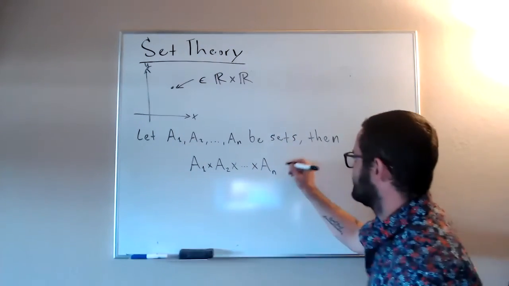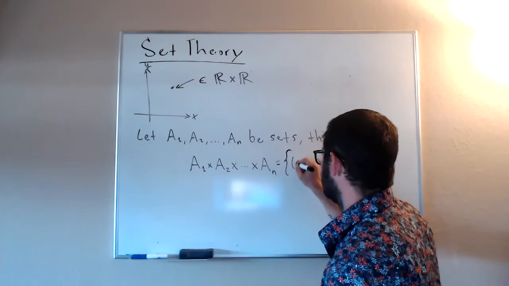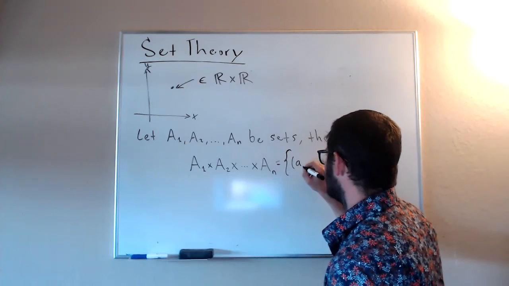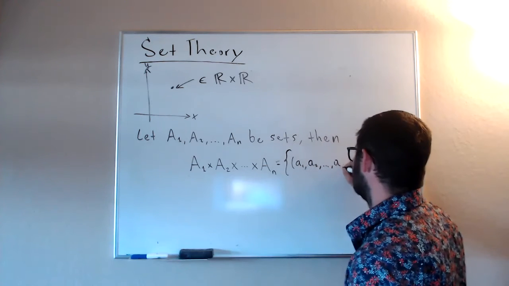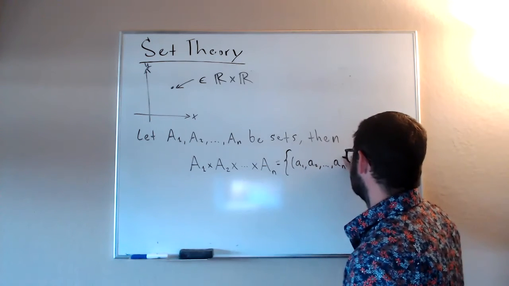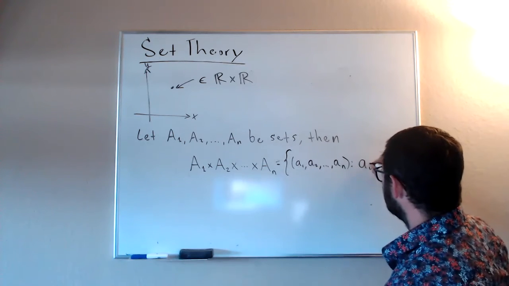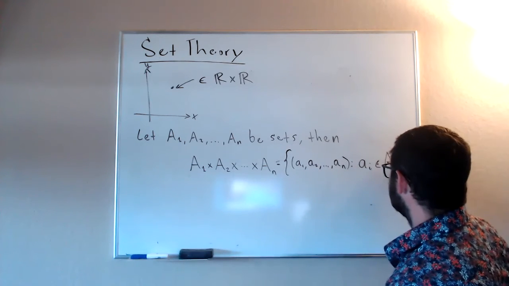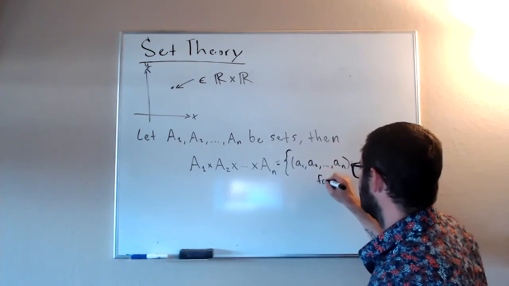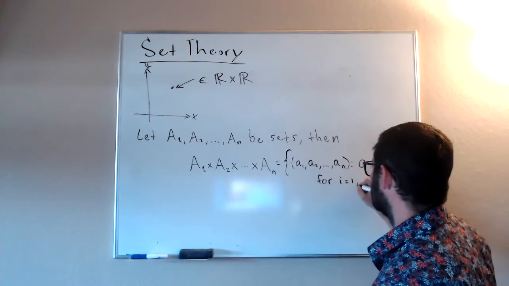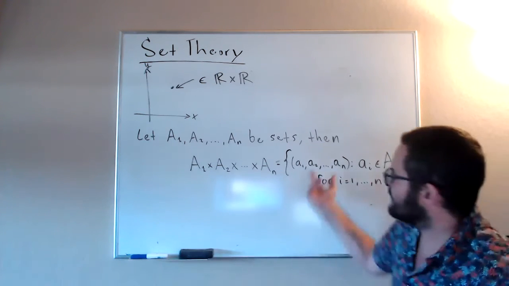And this will be the set of tuples (a1, a2, ..., an) such that a_i is an element of capital A_i for i equals 1 to n. So this is a collection of n-tuples now.